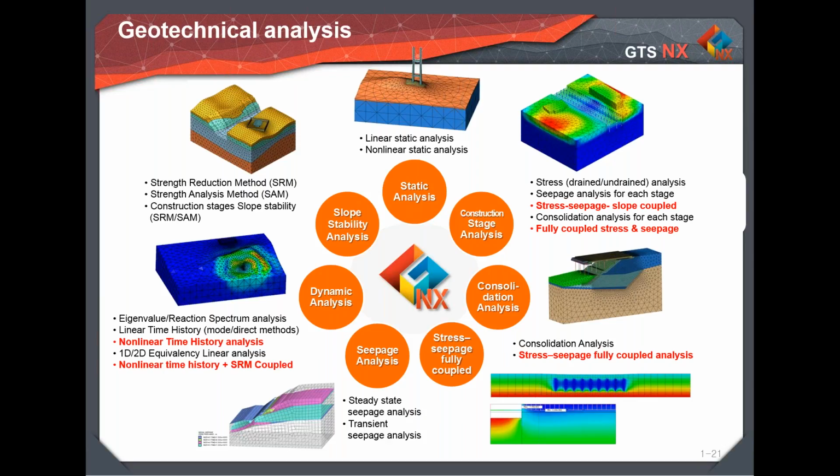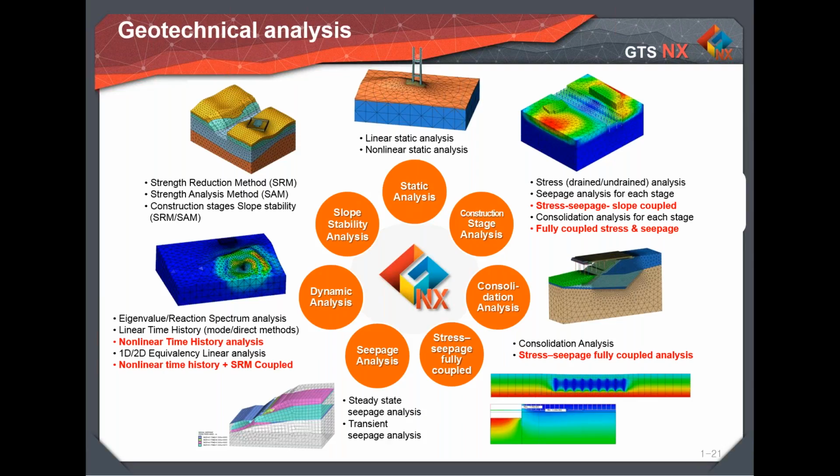Then you have seepage analysis, steady state as well as transient state. If you have water and you want to see the phreatic line diagram or the flow lines, you can check that. Then stress-seepage fully coupled. Once again, I will take the example of an embankment. You have water on one side and dry on the other side of the embankment. Due to seepage, some part will be saturated.